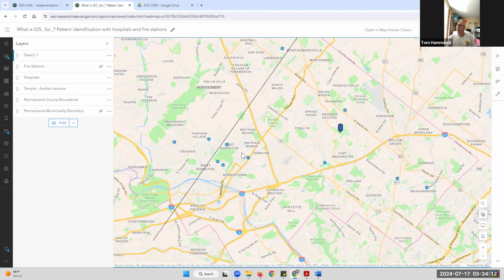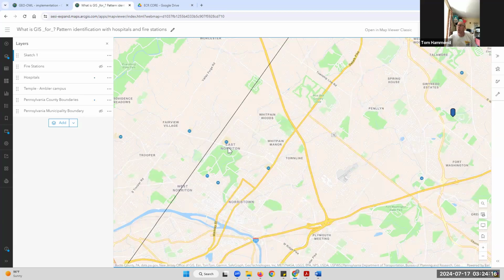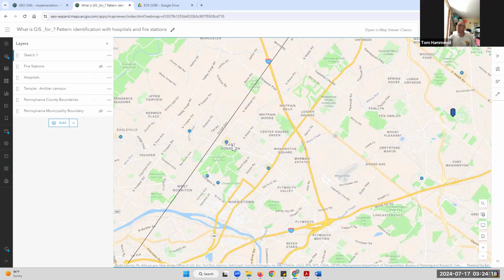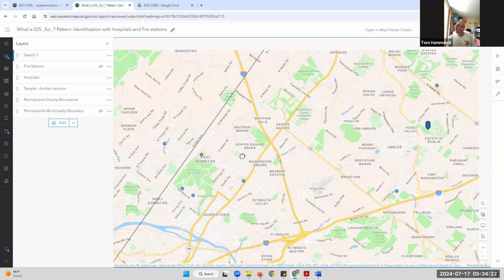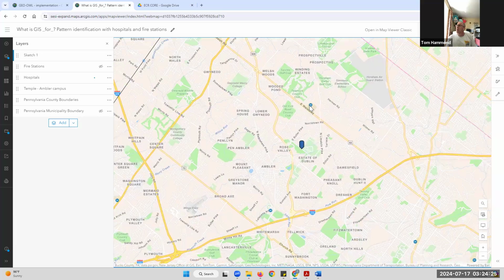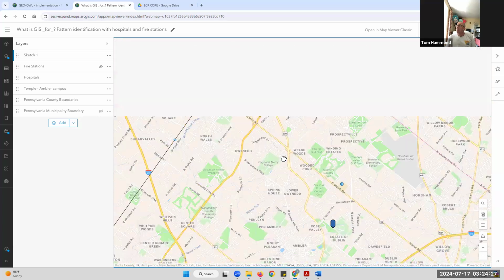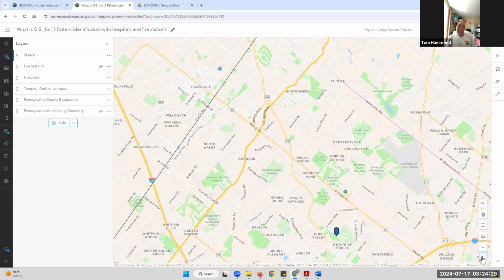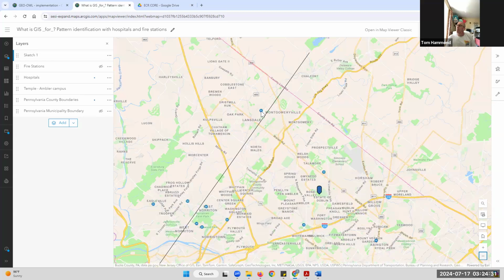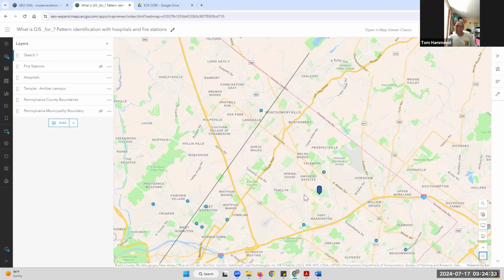Now, they're not right on it, except for this one here, but they are on major roadways that run through here. So this is the major street running through. And then when you look over here, right, so this is just off of a major roadway. And this is also just off of 276 down here.